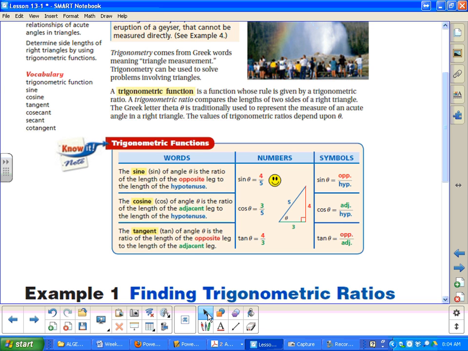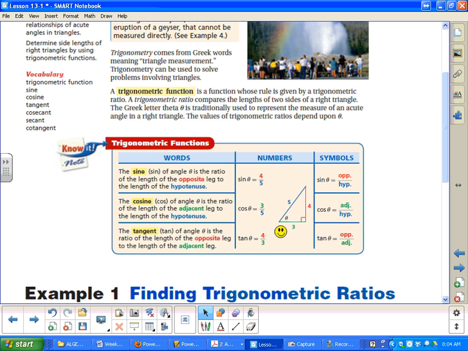If we're talking about this angle here down in the left corner, then the opposite side, the side that's across from it, would be the 4. And the adjacent side would be the side that's next to it. You can always think of it this way: the adjacent side and the hypotenuse always form the angle you're looking at.